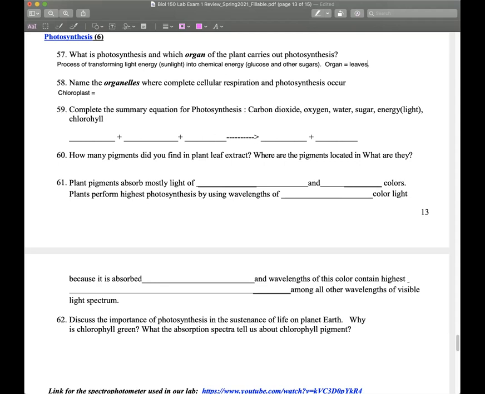That's what contains the majority of the cells that make chloroplast and chlorophyll and have all the important parts for carrying out that process, photosynthesis. And of course we know cell respiration is happening in the mitochondria. All right, our summary equation. Ooh, it even gives you a little word bank here. All right, so what are the inputs for photosynthesis?